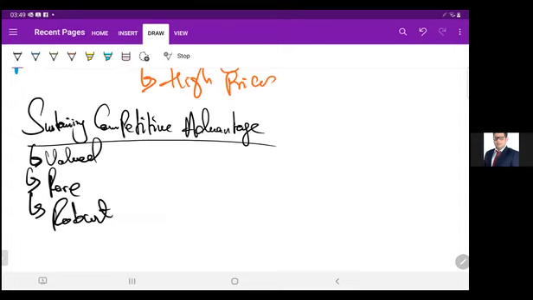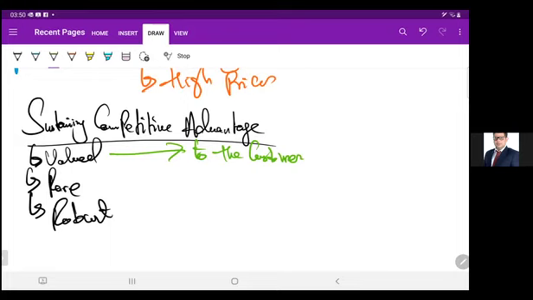Now, it is one which is valued to the customer. Only distinctive capability is not enough. The strategic capability must be able to generate worthwhile customer value in terms of product or service, right?